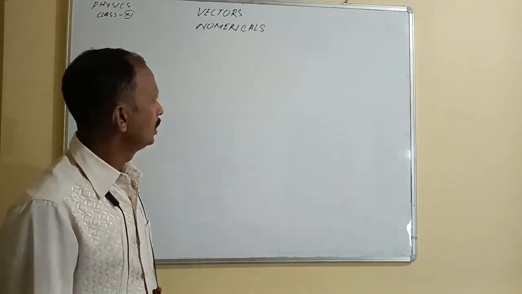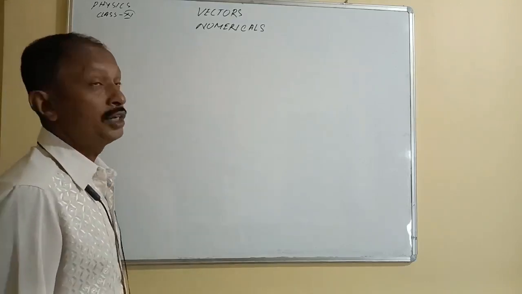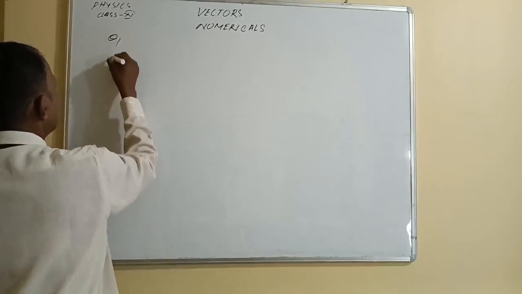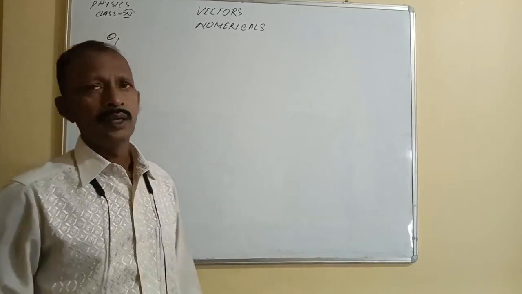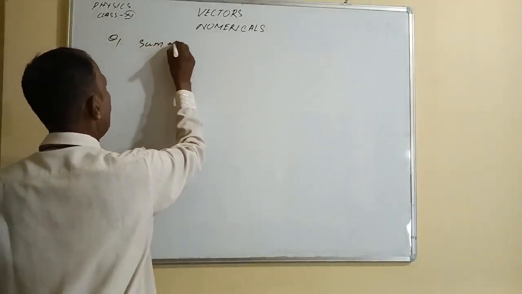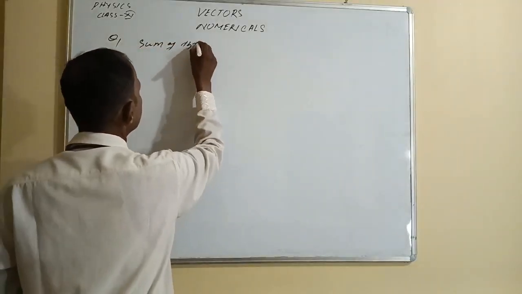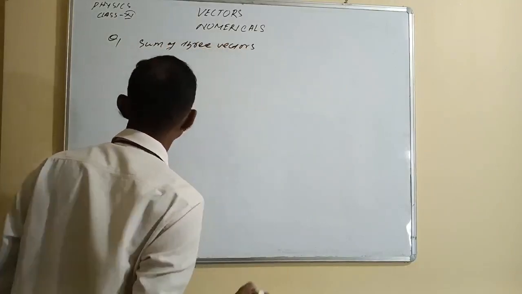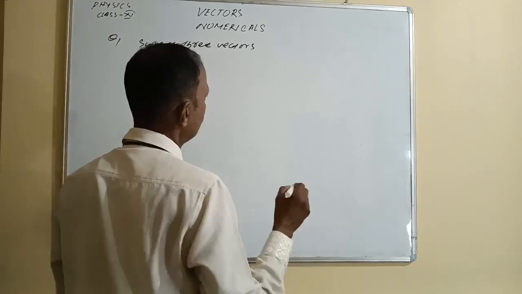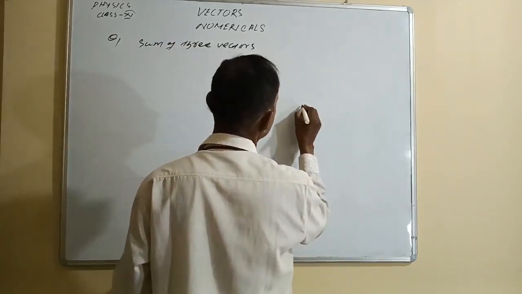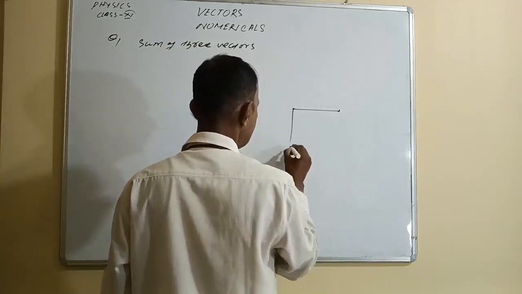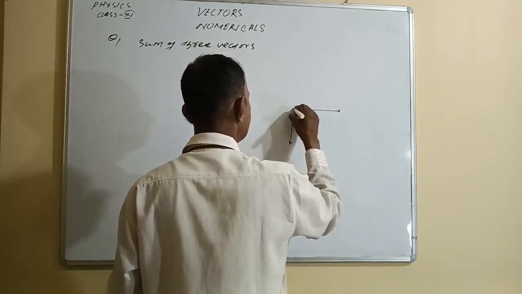Let us see. So I have mentioned here numericals. Question number one. Suppose the sum of three vectors, as you see here, this is a vector, this is a vector, this is another vector.